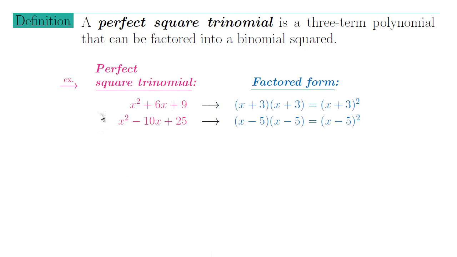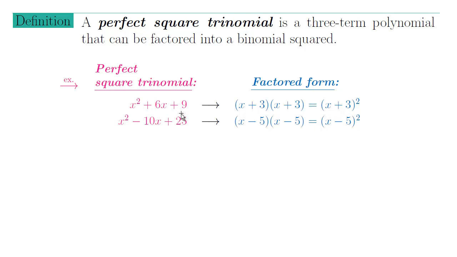For example, here are two perfect square trinomials, x squared plus 6x plus 9 and x squared minus 10x plus 25. Now, what makes them a perfect square trinomial is that they can be factored as the square of a binomial.